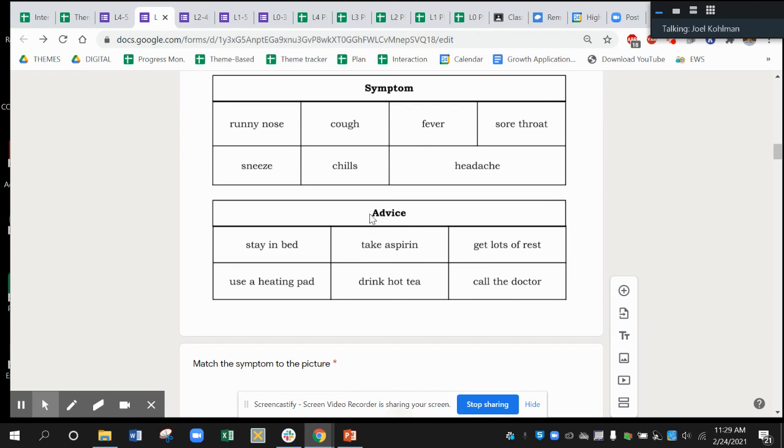They might say, you should stay in bed. He should take aspirin. We should get lots of rest. Okay, so this word bank is advice when you have symptoms. So we're going to ask you to match the symptoms and the advice.